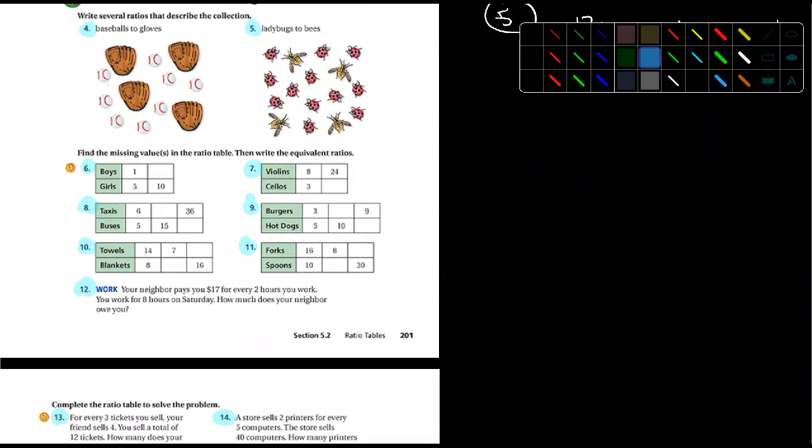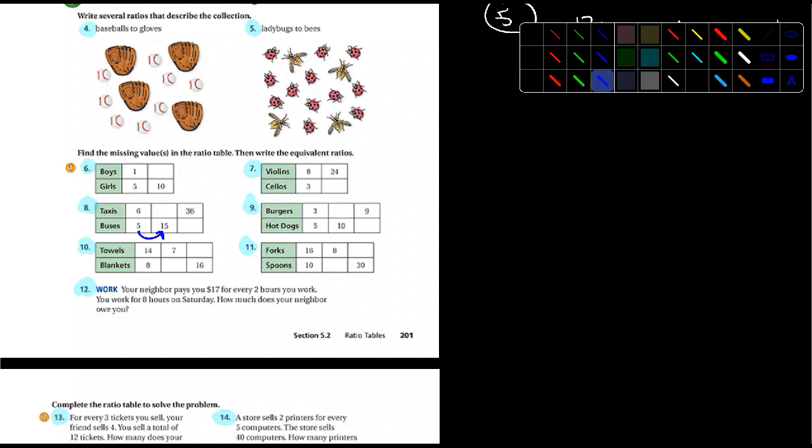Just remember, when you're trying to figure these out, look and see what's happening. So, for example, number 8, taxis and buses. What's happening in the first and the second column here? Buses, it goes from 5 to 15. What happened to the 5? Got multiplied by 3. Right.